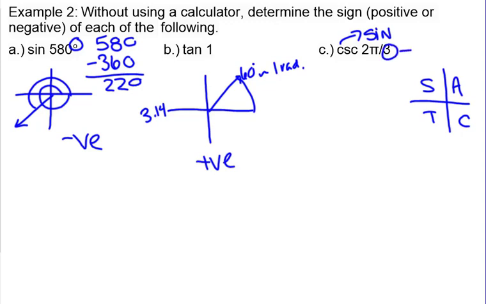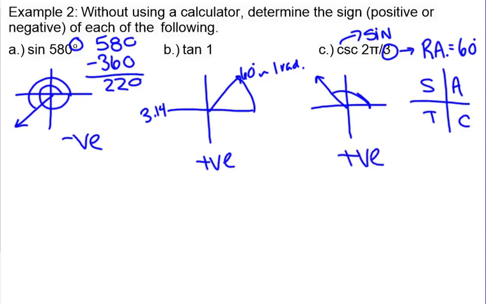Anything over 3 has a reference angle of 60 degrees, since 180 divided by 3 is 60. If we go 2 of those, that would be 120 degrees. So we're in quadrant 2, that's going to be positive.